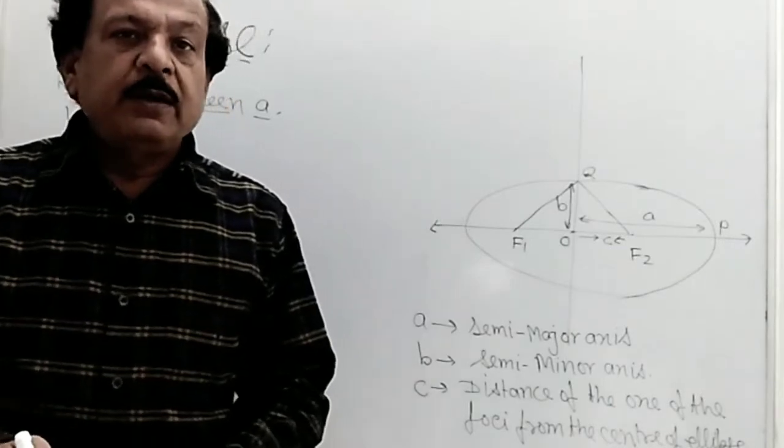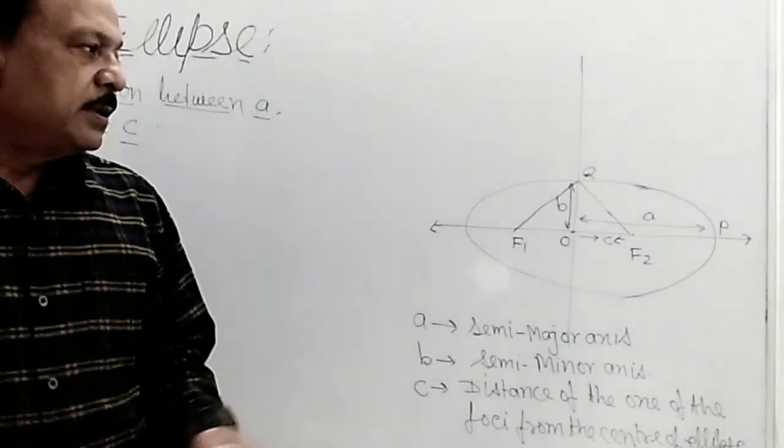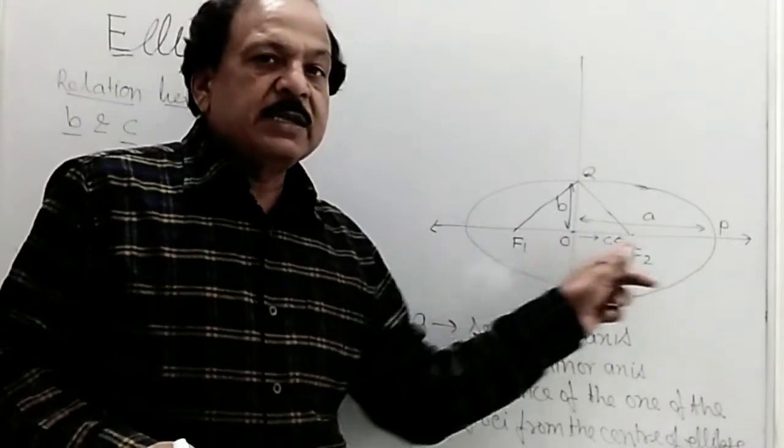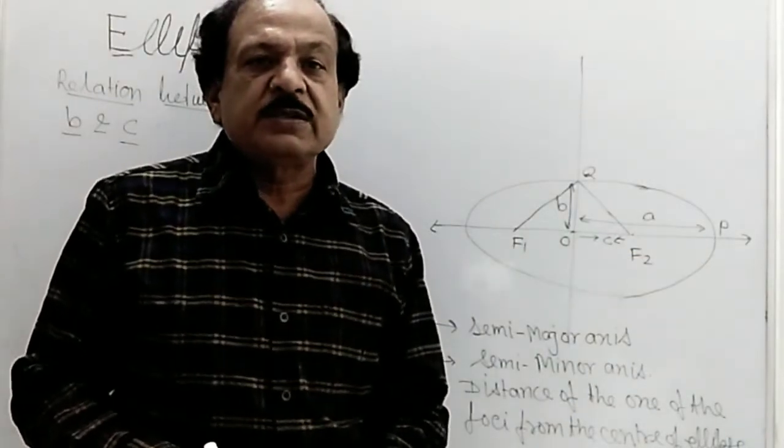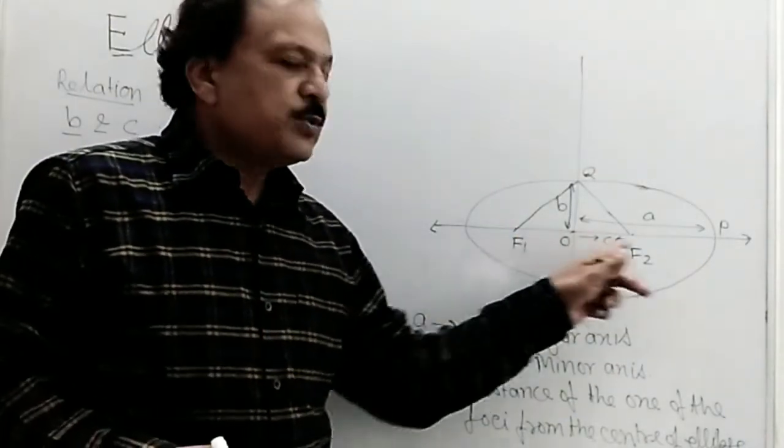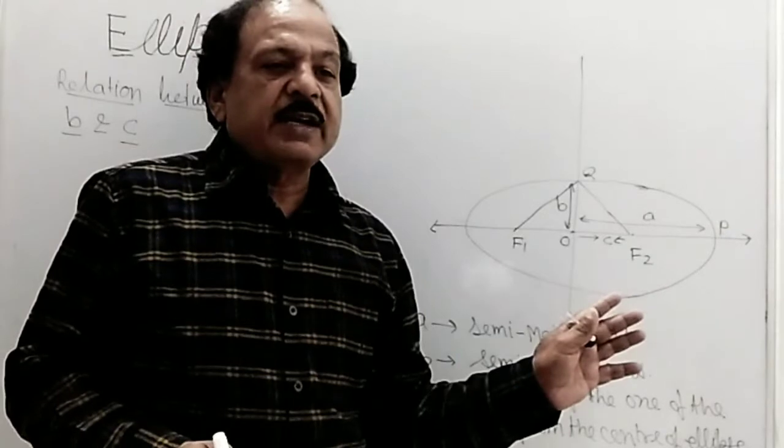You know that for any point on the ellipse, the sum of whose distances from the two foci is constant.